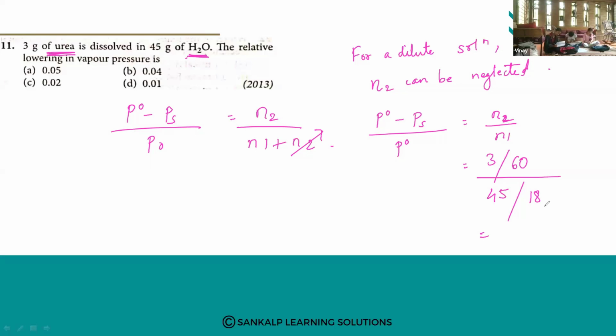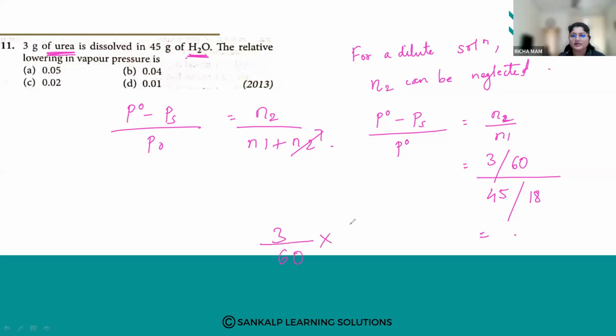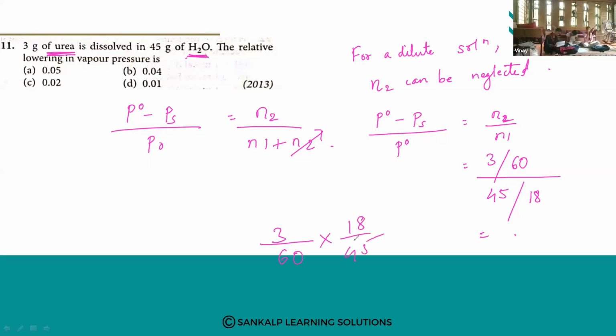One by 75. 3 by 60. 0.001 is coming. No, ma'am, only 0.01.